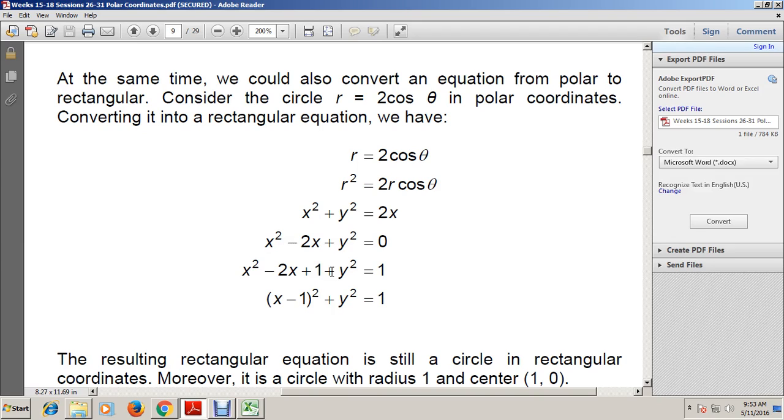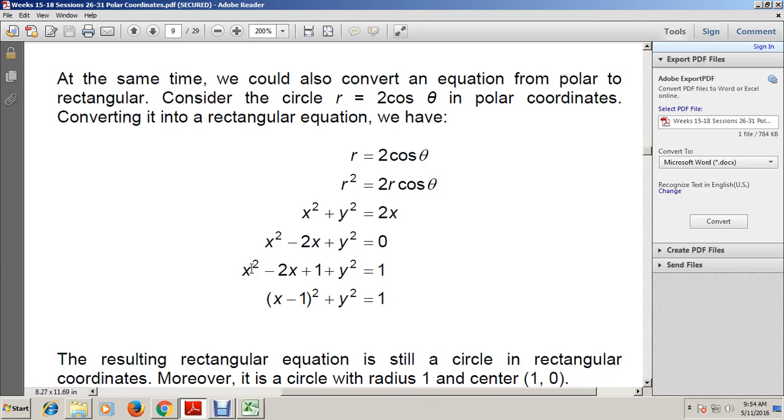So if we introduce a 1 addend on both sides, it doesn't mean that we have changed the overall value of the equation. We still have the overall value as equal to 0. We just introduced one, since we could always cancel it, but for the purpose of introducing the radius of the circle equal to 1, we have introduced 1 on both sides of the equal sign. So we have x squared minus 2x plus 1 plus y squared is equal to 1.